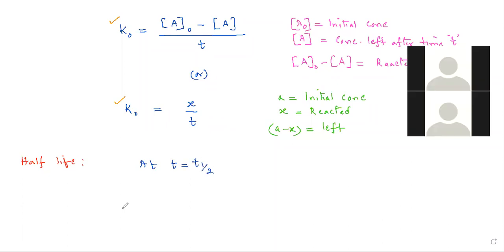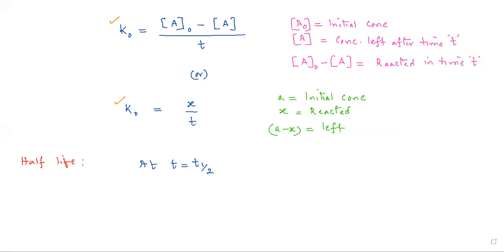See, when half time is over, the amount left out can be given as A naught by 2, because half time is up.